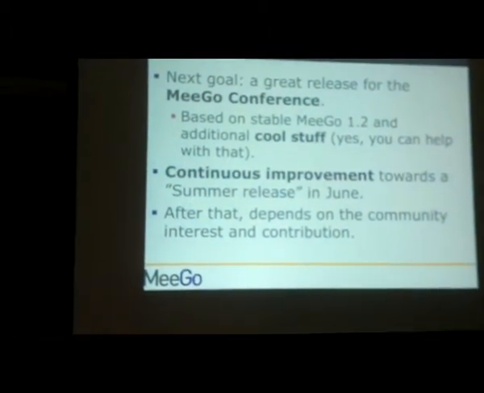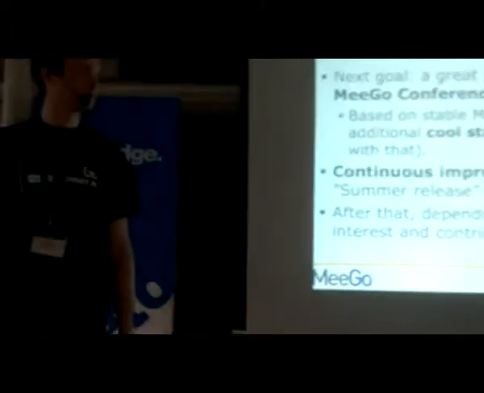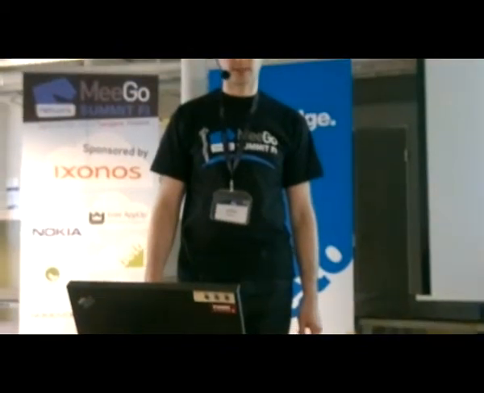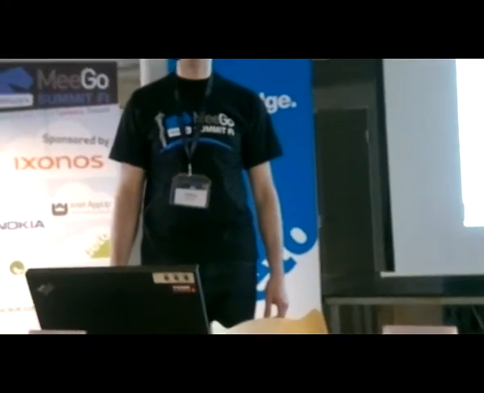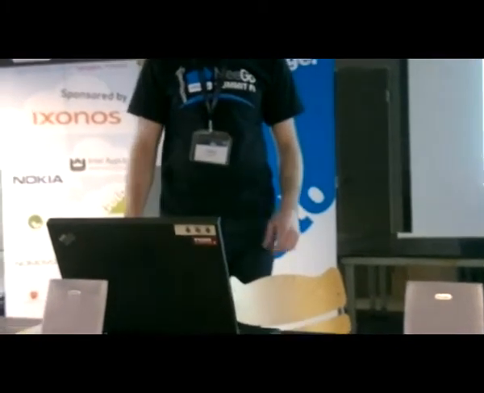It depends on how interesting people see this and what is the level of contribution we are getting. We are already seeing good signs, but let's say at the MeeGo conference time frame, let's take another look at what we have there and whether there is interest. Carry on.